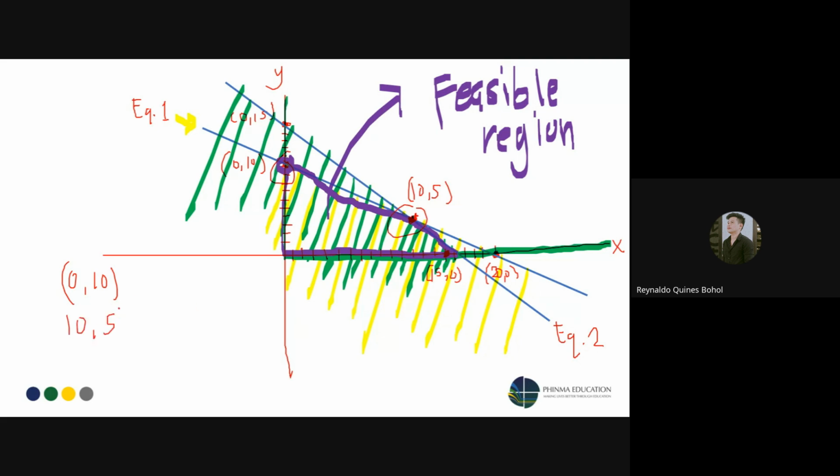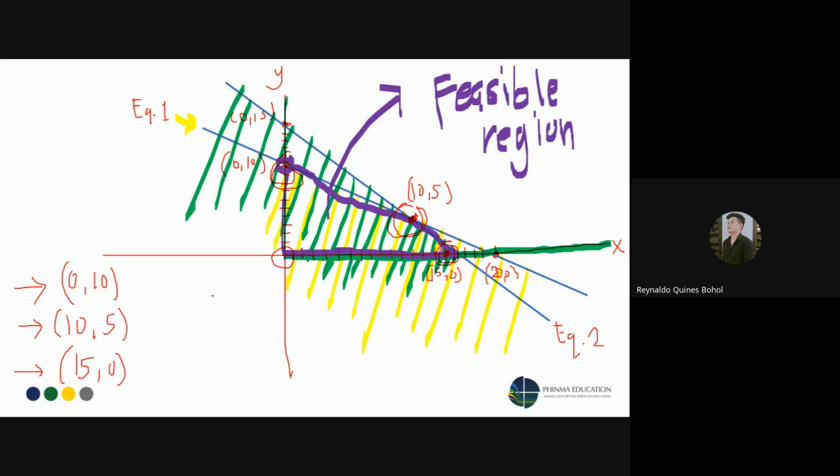Ito naman is 15, 0. Kasi yan lang yung feasible region. So tatlo lang yan. Huwag nyo nang kunin yan kasi 0, 0 yan. So 1, 2, 3 ang ating vertices. Okay. Ngayon, ang tawag niyan is feasible vertices.